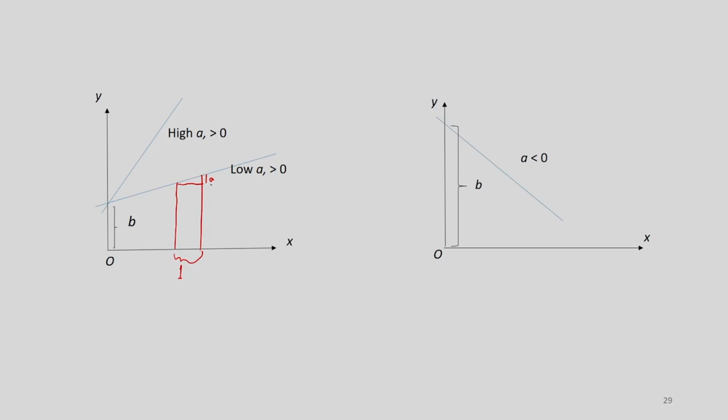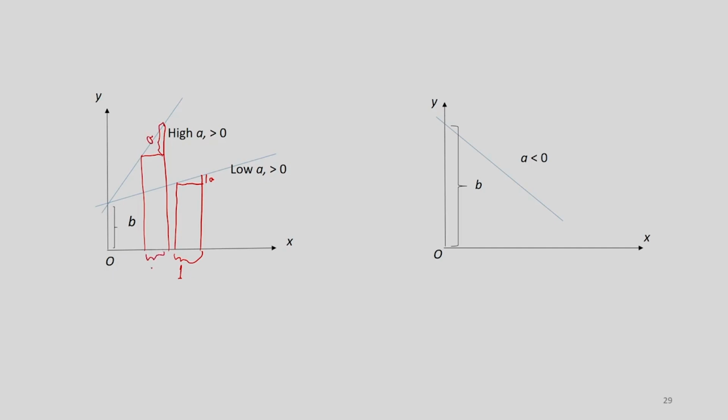It is changing by a positive amount, and it is given by small a. On the other hand, if you take the second line, which is a steeper line, there the value of a will be higher. You can check that by drawing perpendiculars. Here the value of a is quite high.